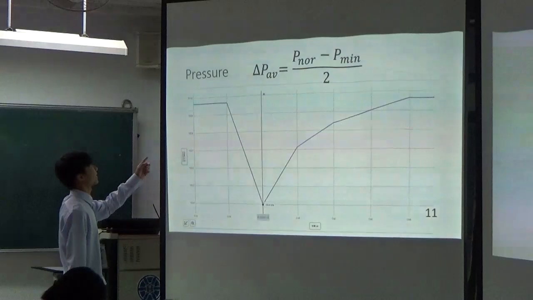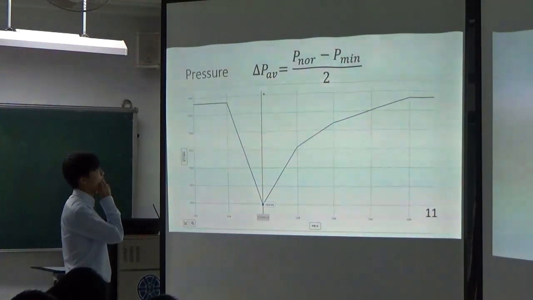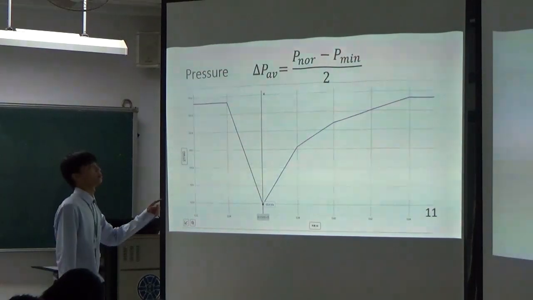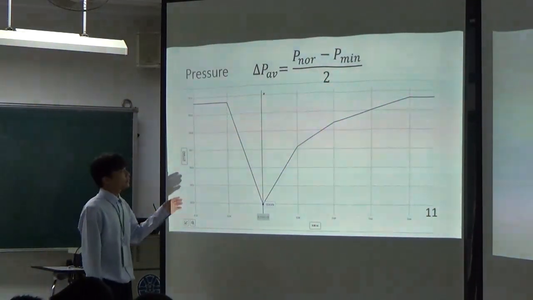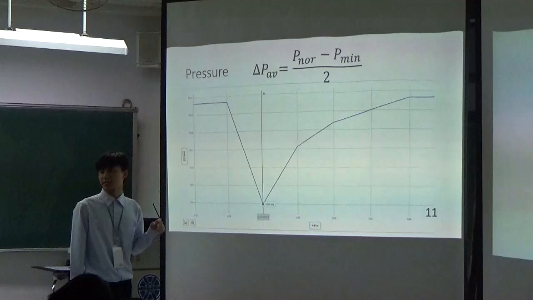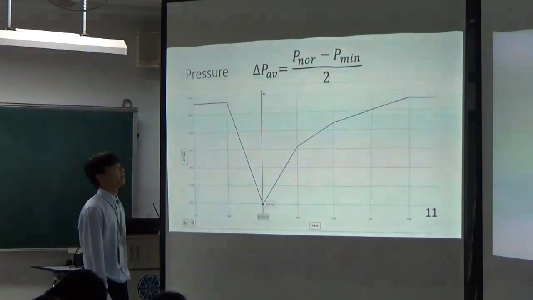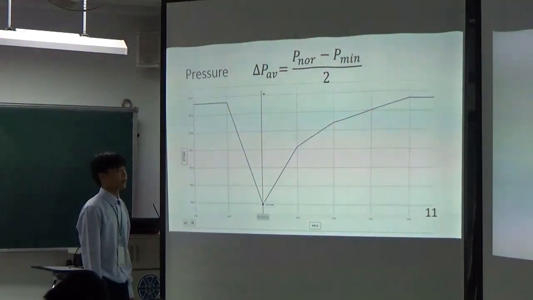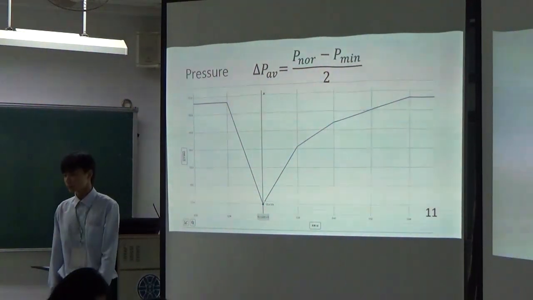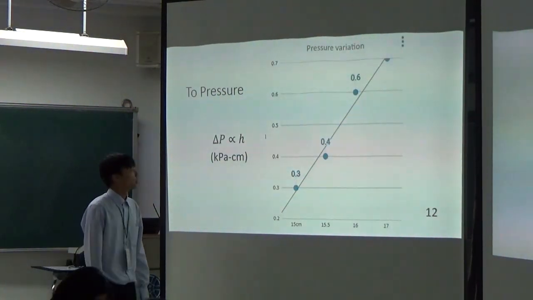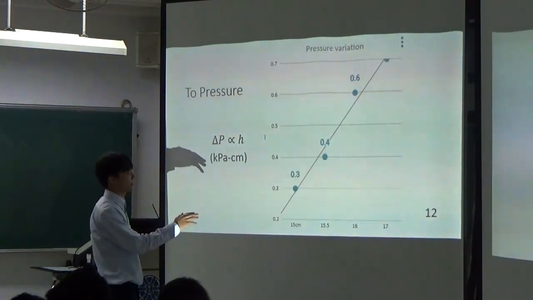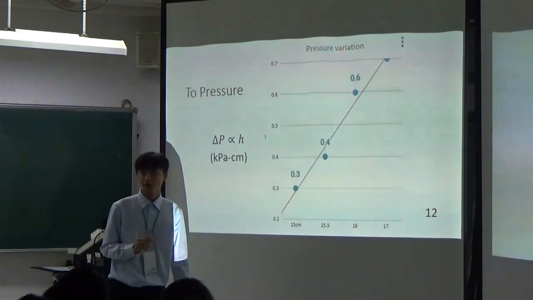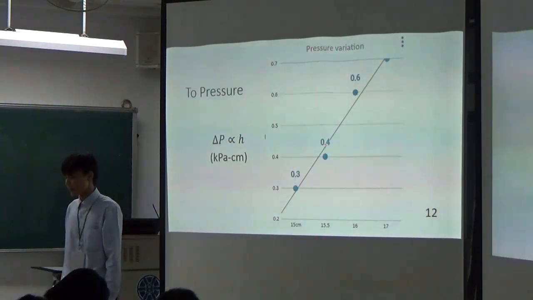And this is how we get the average pressure during a period of time. It equals the average of the maximum and the minimum. In this situation, the maximum is the normal pressure. To put it simply, the higher the height, the more the pressure decreases.